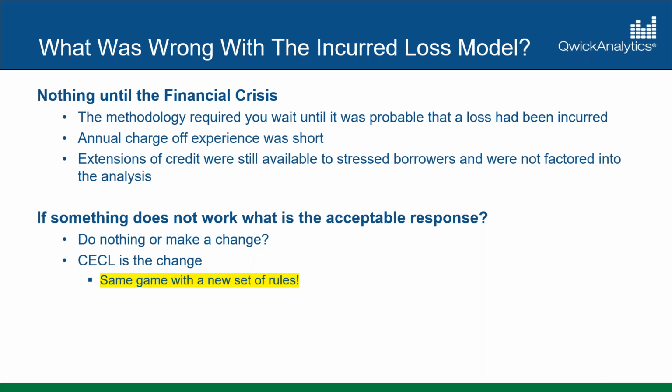FASB recognized it, the banks recognized it, the regulators and auditors recognized it, as well as readers of financial statements who came to not really trust what was being presented in financial statements. As a result, if you are the FASB and you know something doesn't work, you really have two options. One, you don't fix it, which opens you up to people saying, if it happens again, well, why didn't you fix it? You knew it didn't work.